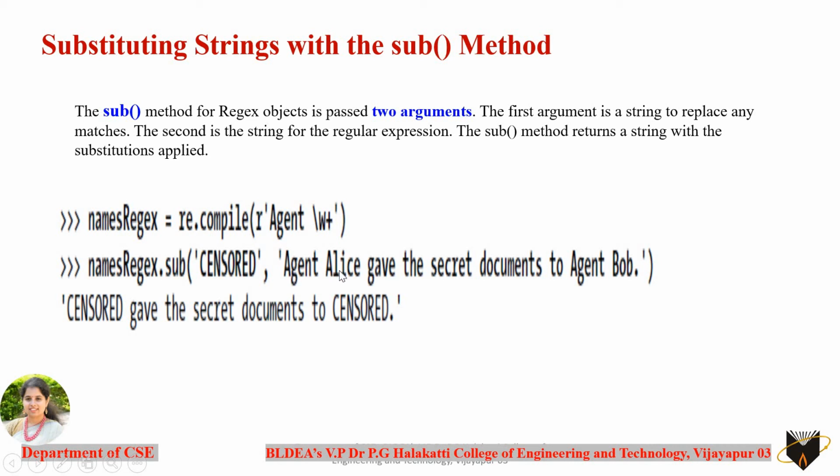So this agent Alice is going to match this pattern, and agent Alice needs to be replaced with this value. Similarly, it will search till the end of the string wherever it matches another part of the string. So agent Bob is also going to be matched, which can be replaced with censored. So: censored gave the secret documents to the censored.